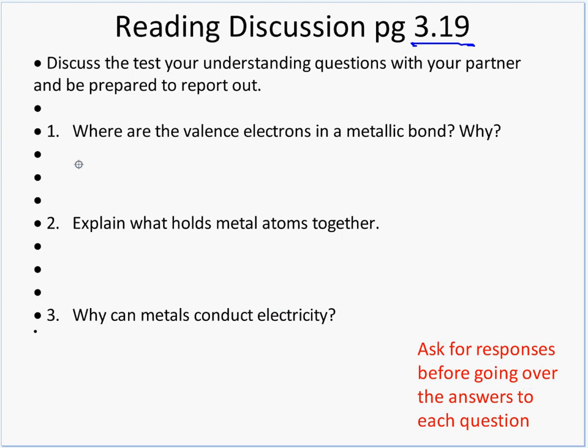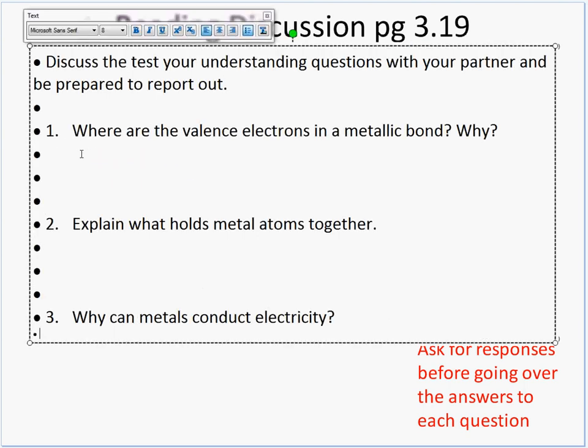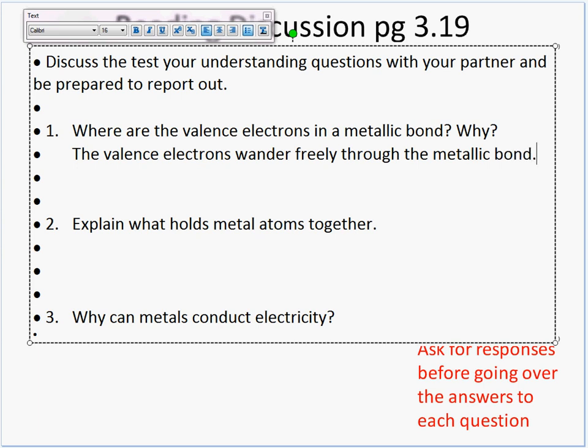Okay, so number 1, where are the valence electrons in a metallic bond? So the valence electrons wander freely through the metallic bond. Now, that doesn't really tell us why, so why?